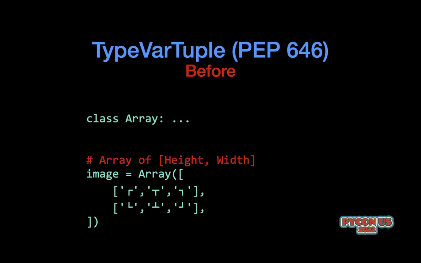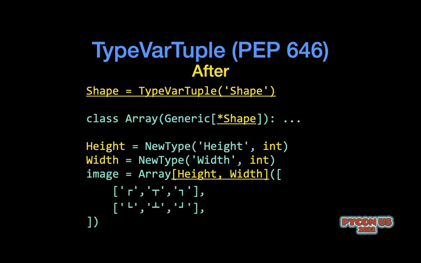Here I've just got a comment saying this is an image and it happens to have a height and width as its dimensions. But with TypeVarTuple, you can define array types that have generic properties for each of the dimensions, or the data types, or whatever property you think is useful to be enforced as consistent.